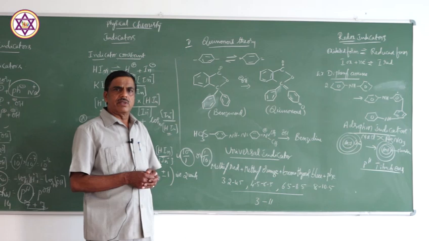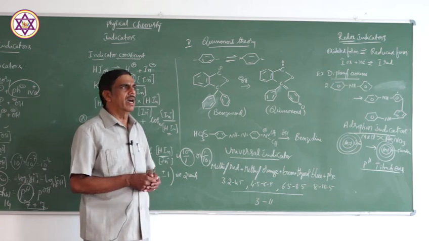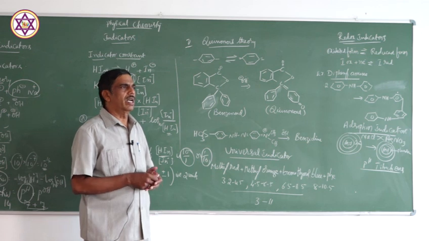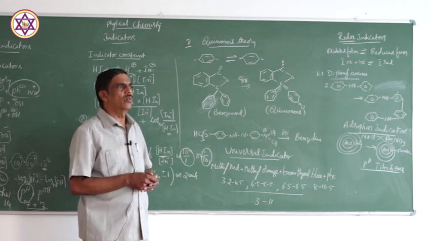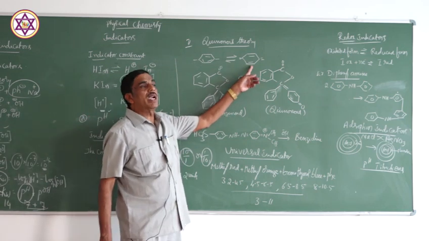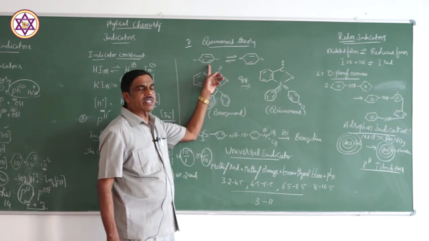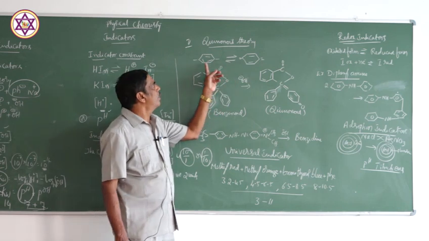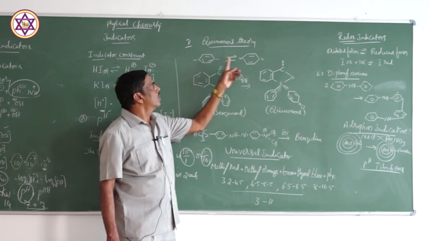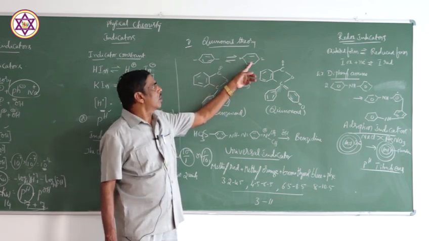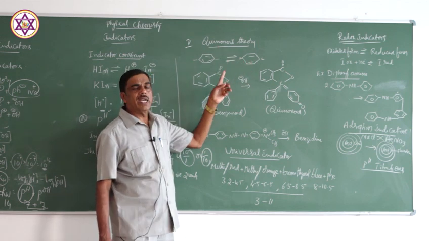These benzene rings, these aromatic rings, undergo a structural change to form the quinonoid form. This is the benzenoid structure of the indicator. This is the quinonoid form of the indicator. When the pH changes, this benzenoid aromatic ring becomes a non-aromatic ring. This quinonoid structure is non-aromatic. Therefore, the theory is the quinonoid theory.